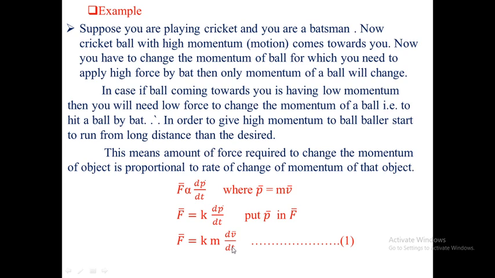Okay, is it clear? So here we have substituted the value of p, and we have taken the mass outside the derivative, because it is constant with respect to time. With respect to time, the mass of the object is not changing, so I have taken it outside the derivative, and my equation will become F bar equals k m into dv bar upon dt.